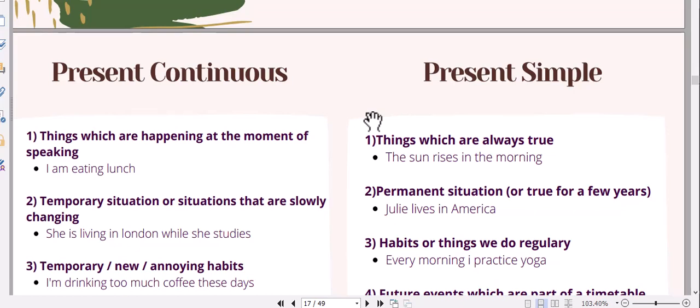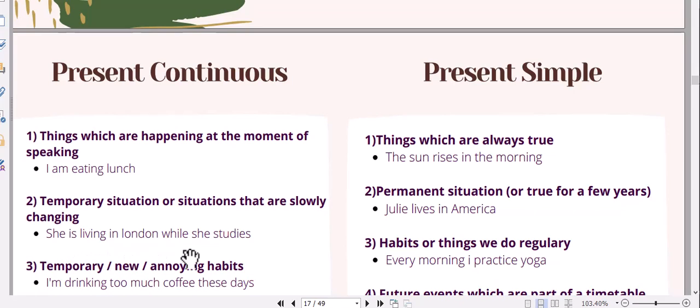The present continuous is for things happening at the moment. I am eating lunch. But here we have things that are always true: the sun rises in the morning. We have a temporary situation or situations that are slowly changing.